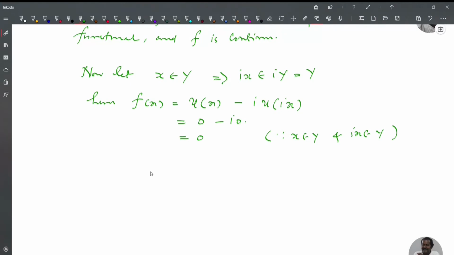Also, x belongs to E implies u of x is not equal to 0. Therefore, the real part of f of x, which is equal to u of x, is not equal to 0.